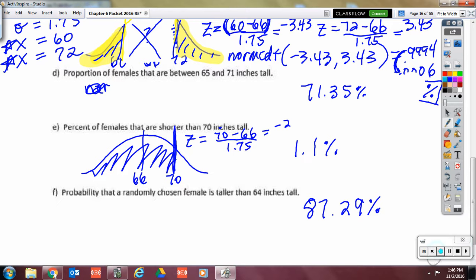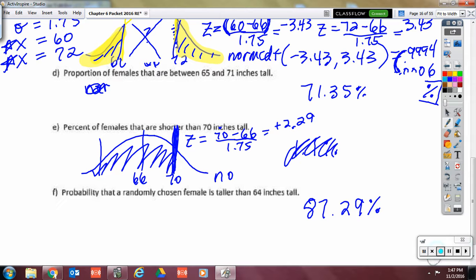Oh, wait, that doesn't sound right. Oh, that's why E's wrong. Yeah, positive 2.29. Oops, so see, that's my bad. Okay, so positive 2.29, which it shouldn't be negative, because if it was negative, it'd be down here. It's up here. Okay, at 2.29 standard deviations above the mean. All right, so that was my bad.